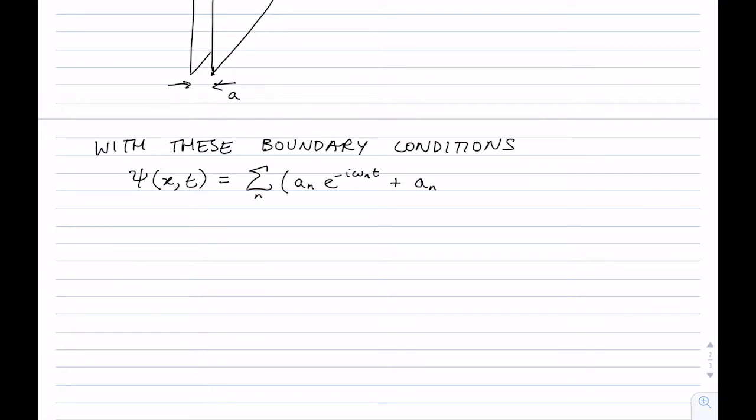And I'm actually adding the positive momenta and negative momenta contributions together because I want to get standing waves between the two plates. So because it's standing waves, I can write this as sine(k_n x), where k_n is equal to nπ over a, and n is a positive integer.